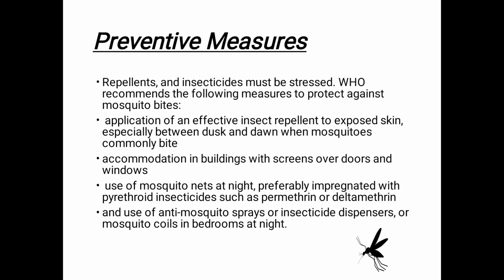The recommendations are application of an effective insect repellent to exposed skin, especially between dusk and dawn when mosquitoes commonly bite; accommodation in buildings with screens over doors and windows; use of mosquito nets at night, preferably impregnated with pyrethroid insecticides such as permethrin or deltamethrin; and use of anti-mosquito sprays, insecticide dispensers or mosquito coils in bedrooms at night.